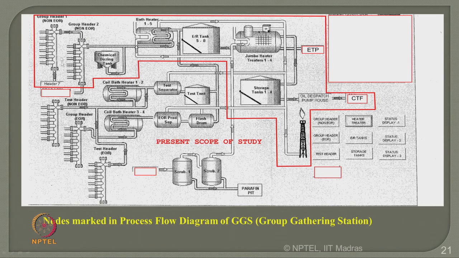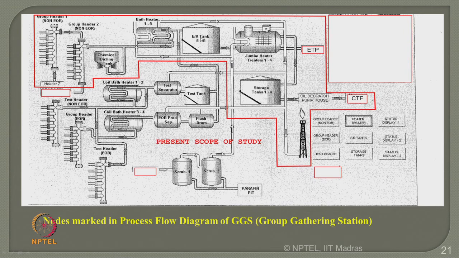Both of these collect the crude oil, which is a mixture of oil, gas and water, and feed it to the bath heaters. From the bath heaters, oil alone goes to the emulsion recipient tank, the water is taken to the effluent treatment plant, and the gas is flared off to the flare boom separately.